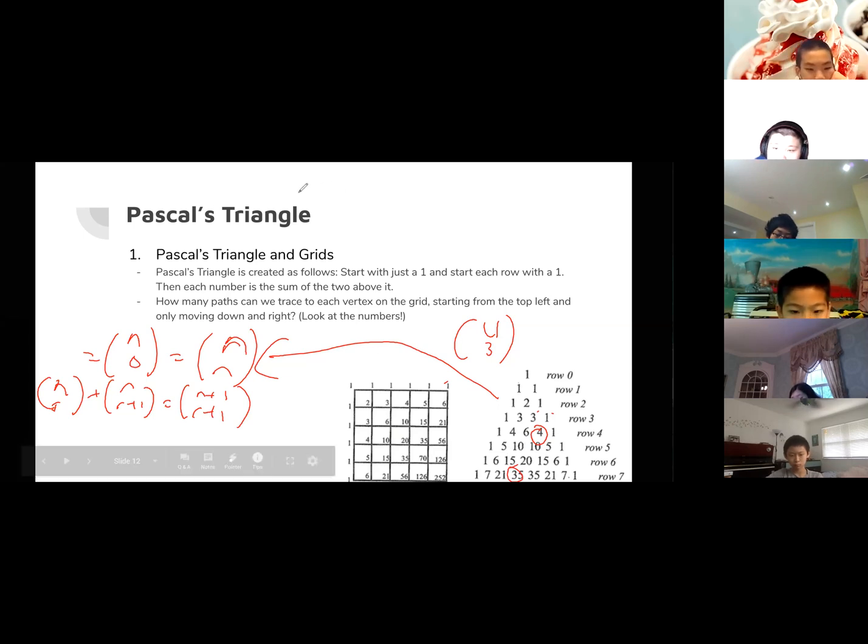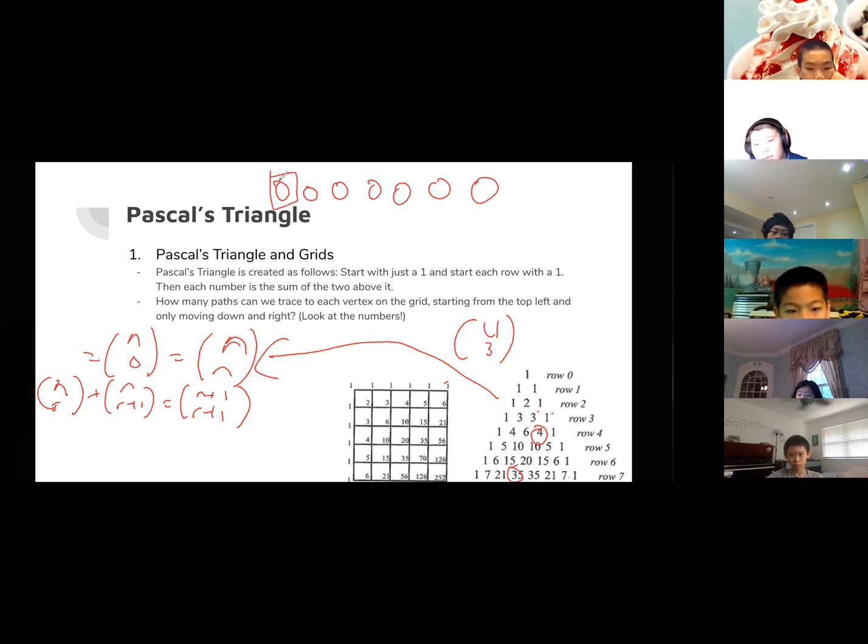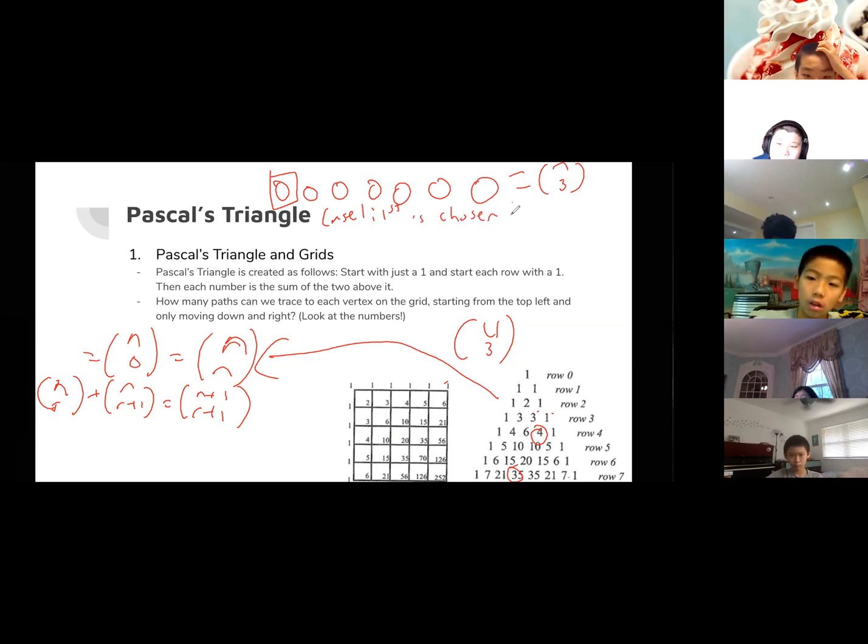You have 7 objects, and you want to choose 3 of them. Consider the first object, and we're going to pretend this is special. The number of ways to choose is 7 choose 3 by definition. But if the first one is chosen, then you have to choose 2 items from the other 6.